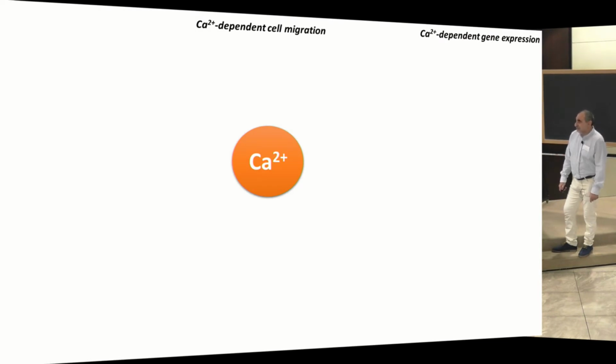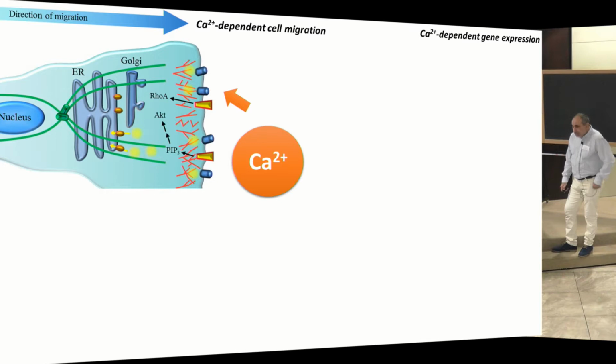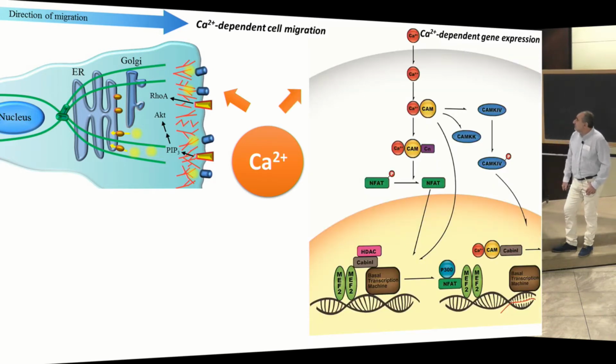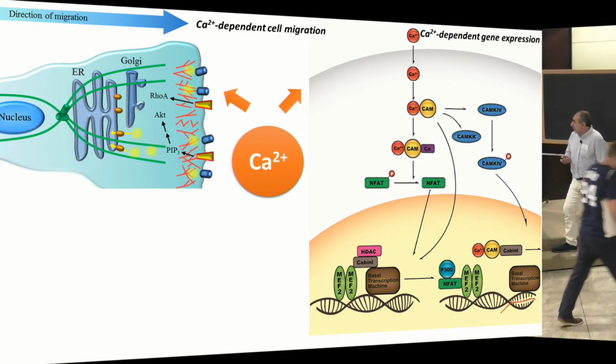I mean, we all know, and we have seen it here, that calcium is important, for example, for cell mobility, migration, actin polymerization, regulated by calcium coming from internal stores. Then, of course, this huge machinery of protein synthesis and gene expression related to calcium.